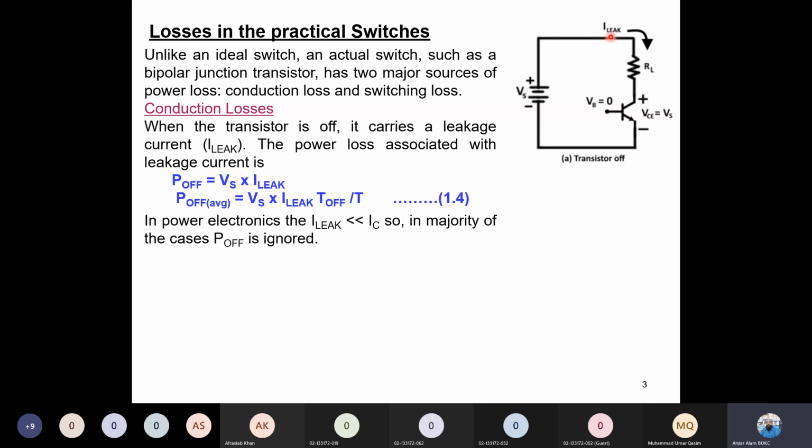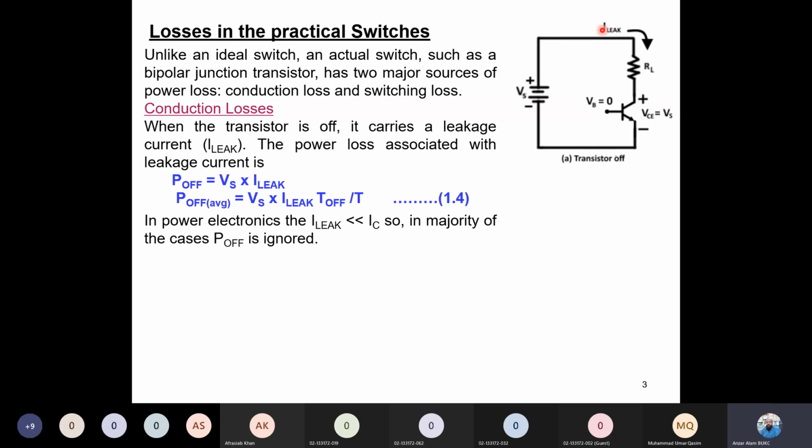So if the leakage current is 1 milliampere and the conduction current is 100 ampere, then compared to 100 amps, the leakage current of 1 milliampere is of course negligible in power electronic circuits only, but not for signal amplification or small signal analysis.